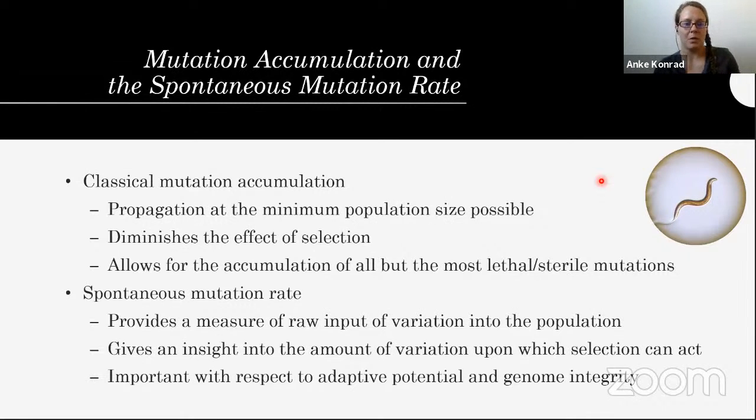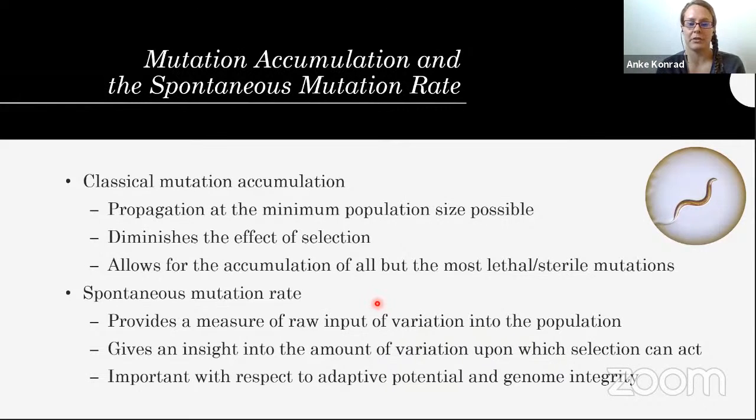What mutation accumulation experiments allow one to do is to propagate a population of an organism, in this case C. elegans, at the minimum population size, which allows you to diminish the effects of selection and hence get an idea of all of the mutations that arise and may accumulate other than those that are most lethal or sterile. And that in turn allows you to get an idea of what the spontaneous mutation rate in that organism is.